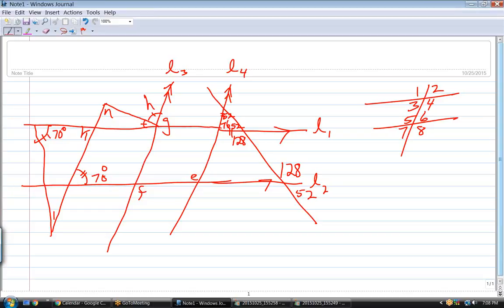Okay. So, therefore, if this one is 76, what is G? 76 degrees. Correct, because we have a transversal against those 2 parallel lines.